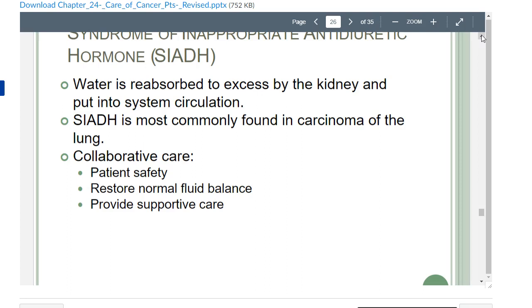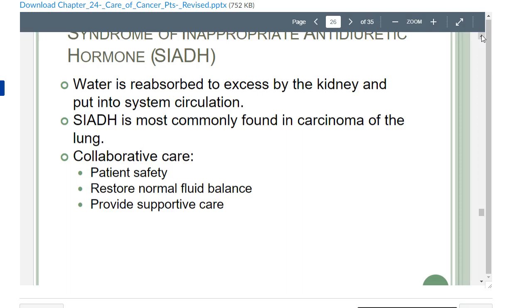This is probably the only time, or one of the very few times, that we put patients on fluid restrictions, okay, to hopefully prevent more water coming on board in the vasculature and causing that sodium to continue to drop. So what we might do is there's demeclocycline, which works in opposition to ADH.